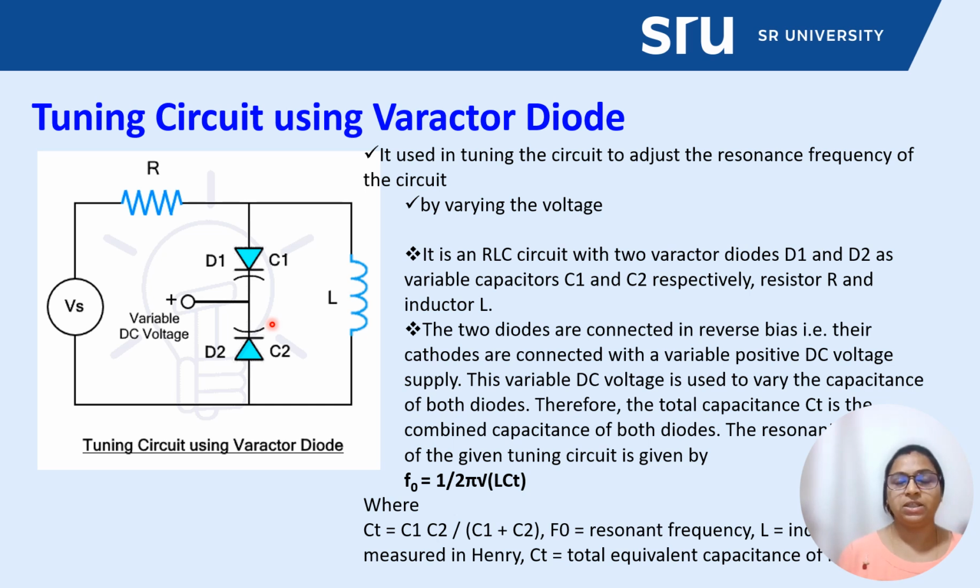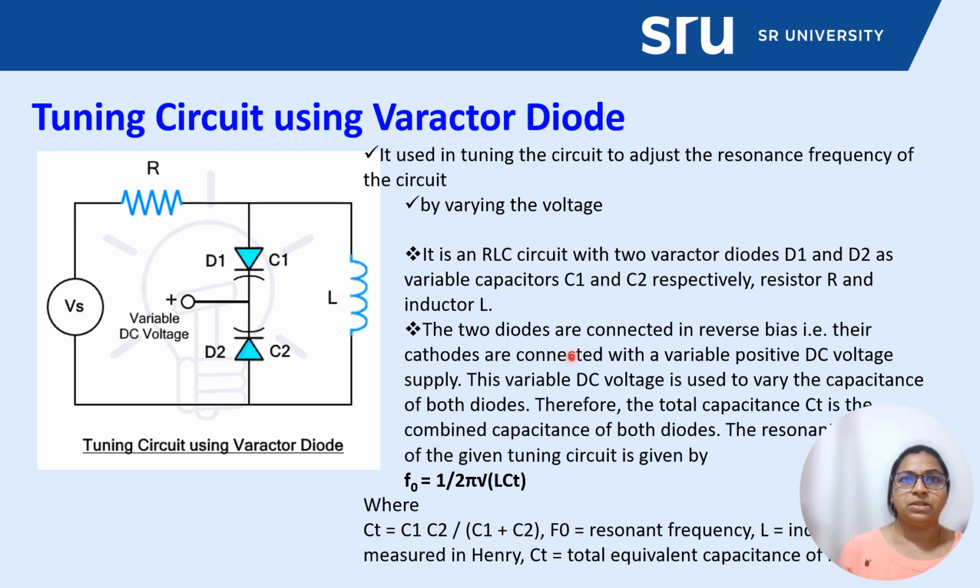We know the formula for resonant frequency is F naught equal to 1 upon 2 pi root over L CT. This CT is nothing but the combined capacitance of both the capacitors, so CT is C1 C2 divided by C1 plus C2. F naught is the resonant frequency, L is the inductance measured in Henry, and CT is the total equivalent capacitance of both the diodes.